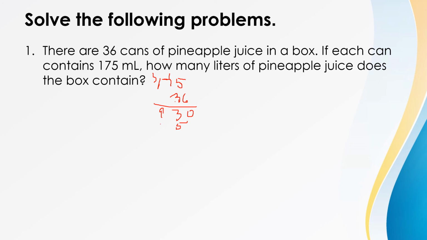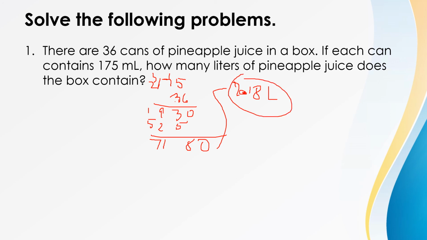Plus 1, 22. We have 5. So we have 0, 8, 11, 1. So how many liters is that? That's about 7.18. So 7.18 liters. That's the question. How many liters of pineapple juice does a box contain? It's about 7.18 liters. Get it?